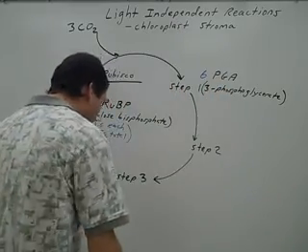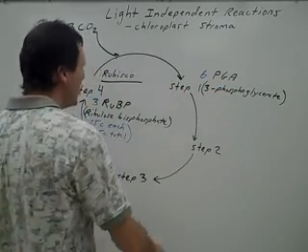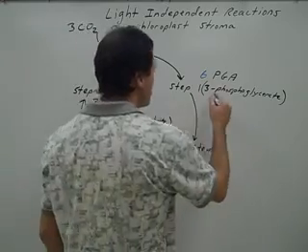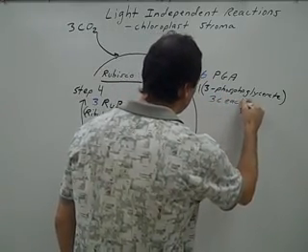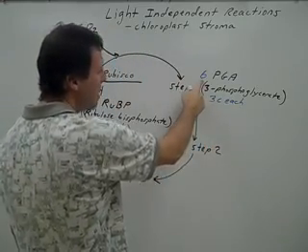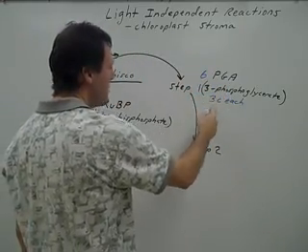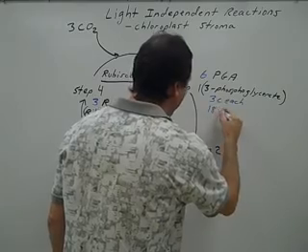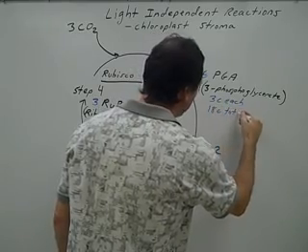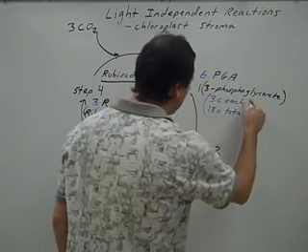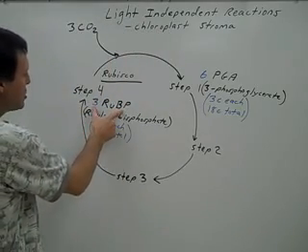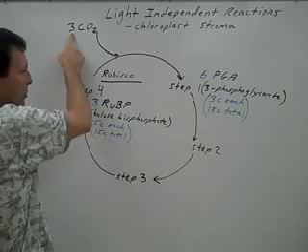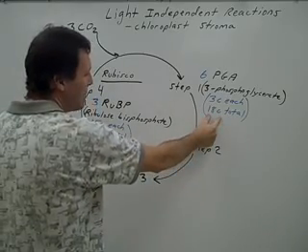Now each molecule of PGA consists of 3 carbon atoms. And since we have 6 molecules of PGA, 6 times 3 is a total of 18 carbons. So we had 15 carbons in step 4, plus 3 more carbons gives us 18 carbons total.